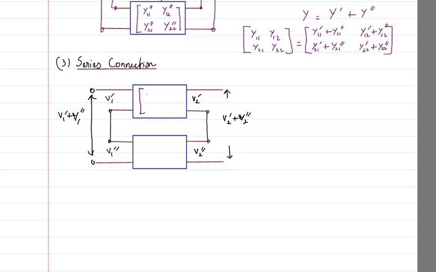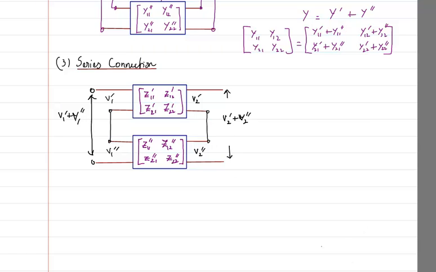For example, suppose the first one has z11 dash, z12 dash, z21 dash, and z22 dash. Similarly, the second one has a z parameter given by z11 double dash, z12 double dash, z21 double dash, and finally z22 double dash.